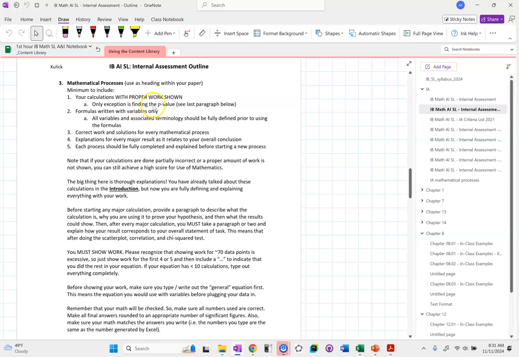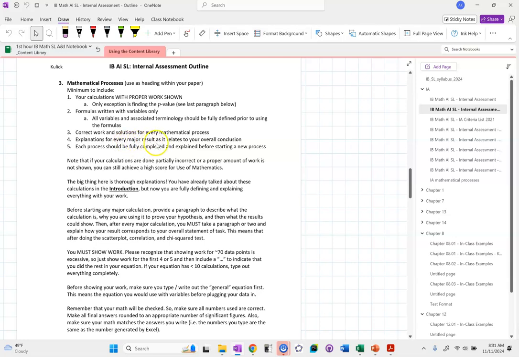The only exception is when you find a p-value, and we'll see that in a moment. Formulas need to be written with variables only first. All variables and associated terminology should be fully defined prior to using the formulas. Correct work and solutions for every mathematical process is shown.